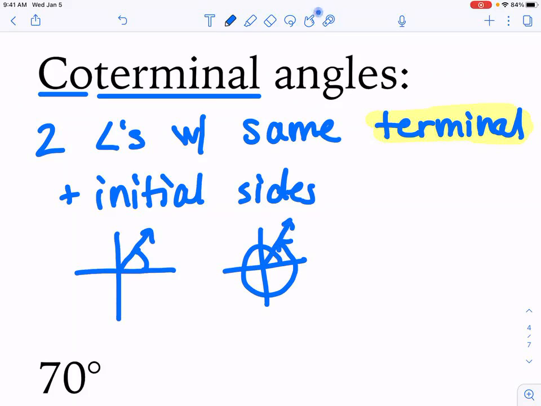So what happens is basically we take our terminal side and we can keep rotating 360 degrees in the positive direction or in the negative direction. And we can get an infinite number of coterminal angles. Now, we're not going to get crazy. I'm only going to ask you for a positive and a negative coterminal angle. Don't be obnoxious, please, Grace and Truex.